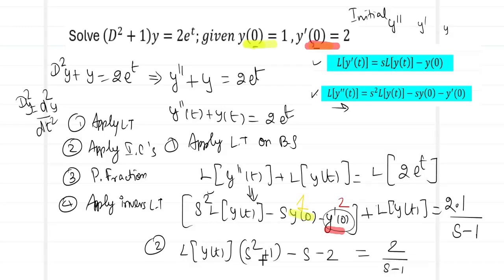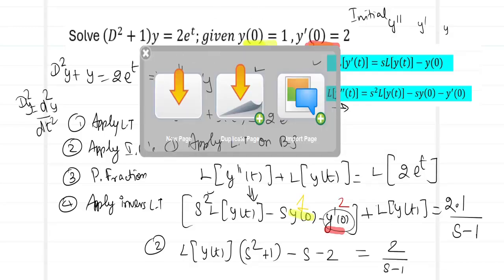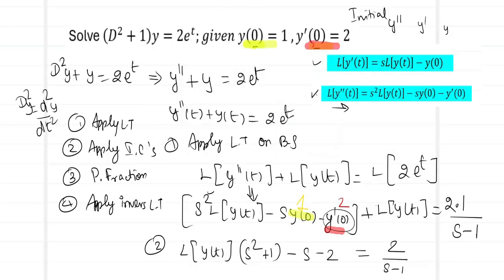Keeping your Laplace and the coefficient to one side, I take the constants to the opposite side. So this gives me Laplace of y of t into, what was the coefficient? The coefficient was s square plus 1.